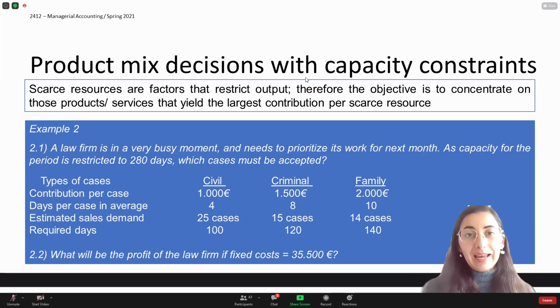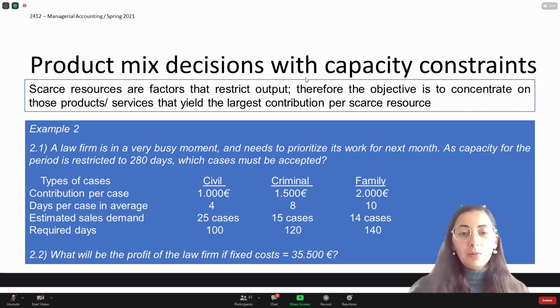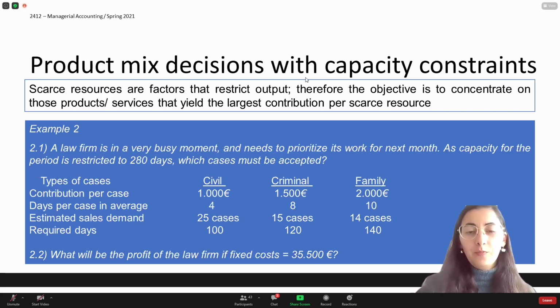We have 280 days available, so we are left with 180 days. The next one is family, which gives a contribution margin of 200 per case per day, and we have enough time to fulfill all of the demand.